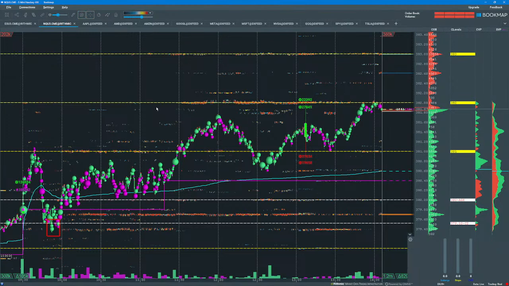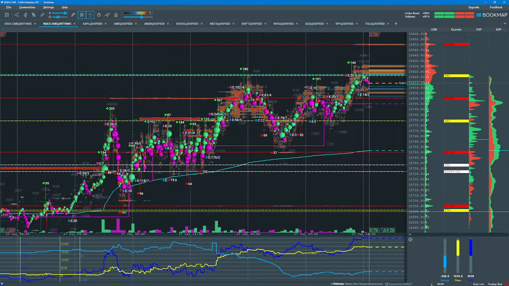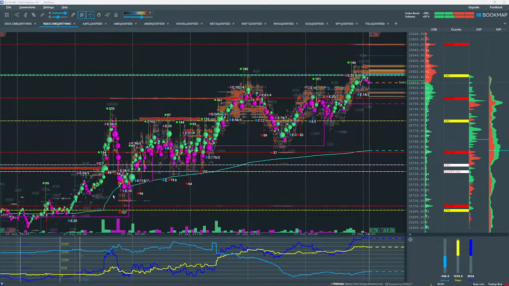Let's go back to Nasdaq. So that's right around here, right at VWAP for Nasdaq.